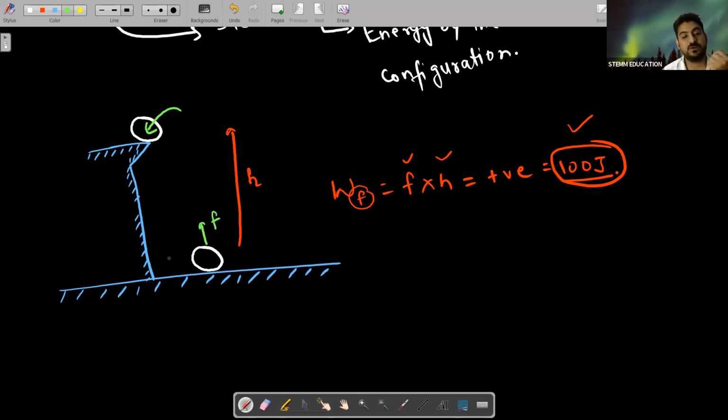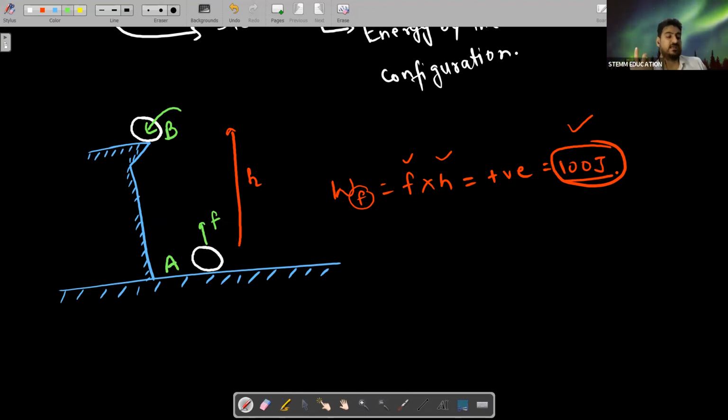Now, initially the ball was at point A, and finally the ball was at point B. So the configuration of the ball has changed. The arrangement of the ball has changed. Earlier, the ball was arranged at the ground level, and finally it is arranged at the top of the tower.